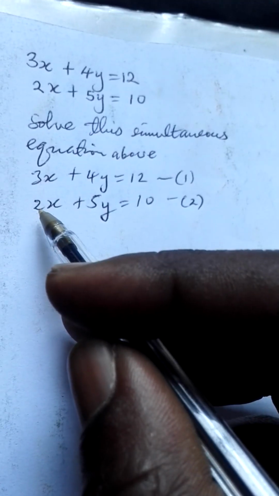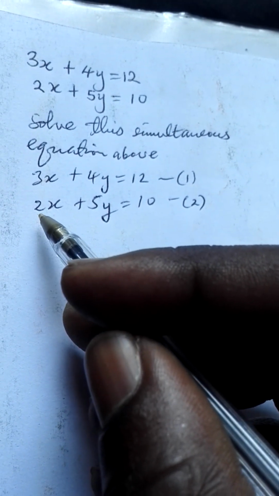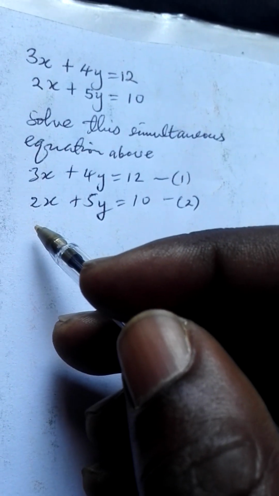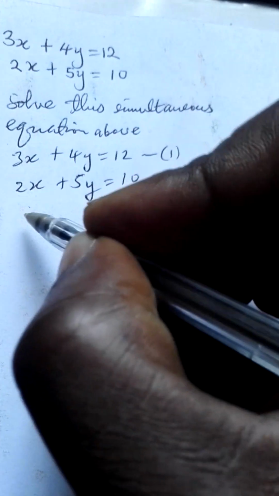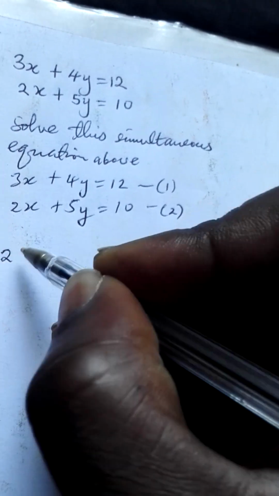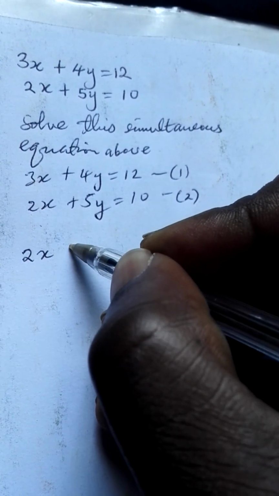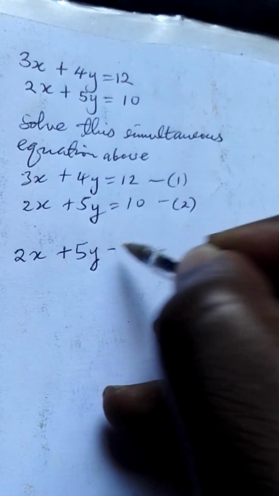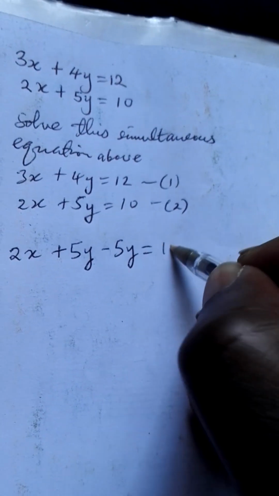Let's start with equation 2, which has a variable with coefficient 2, because 2 is a smaller number, and let's make x the subject of the formula. So equation 2, to get rid of the y, since this is positive 5y, we subtract 5y, and we do the same on this side.